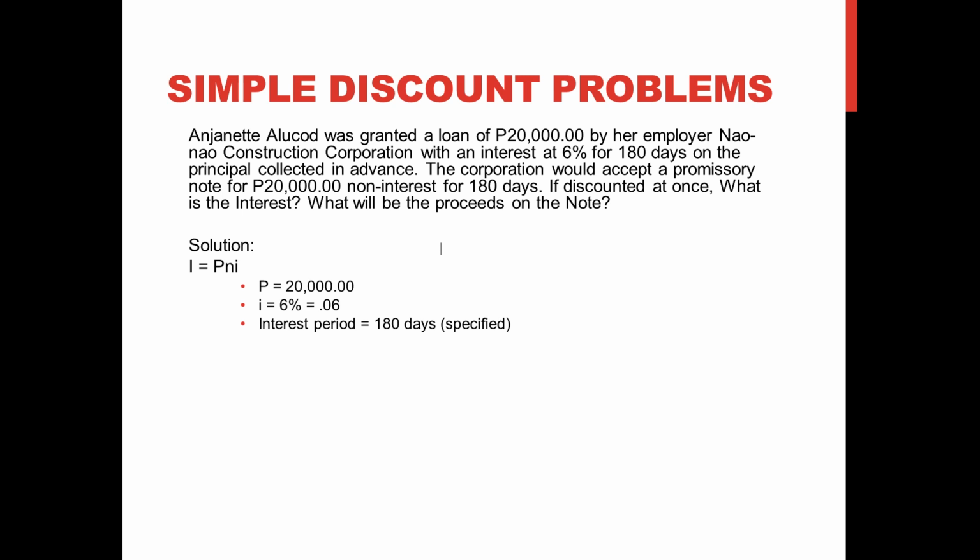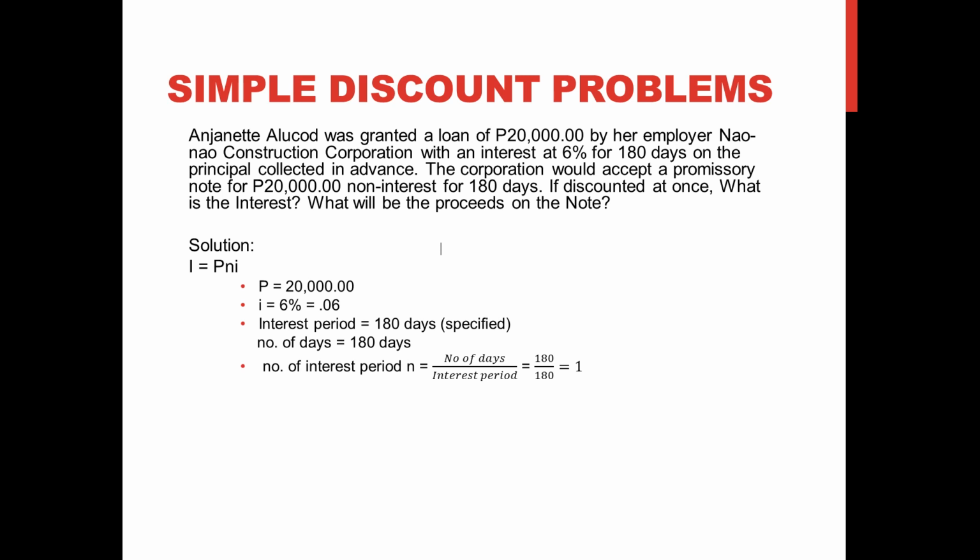with an interest rate of 6% and a specific interest period of 180 days, so that the number of interest periods will be equal to number of days over interest period.